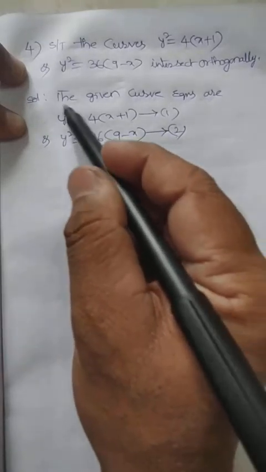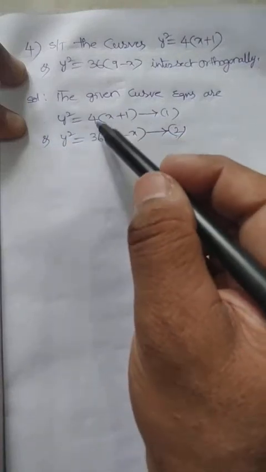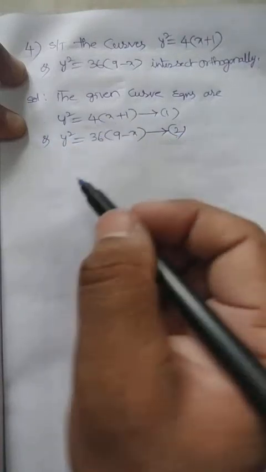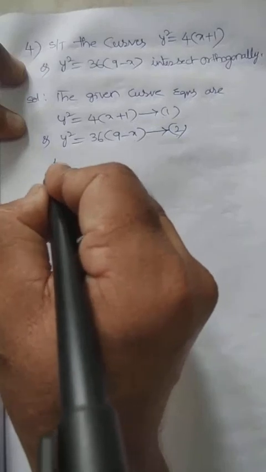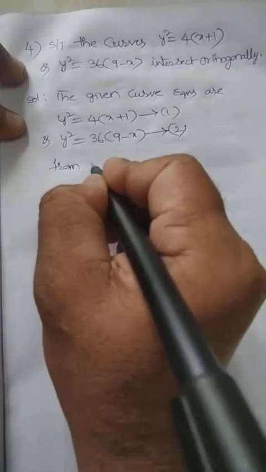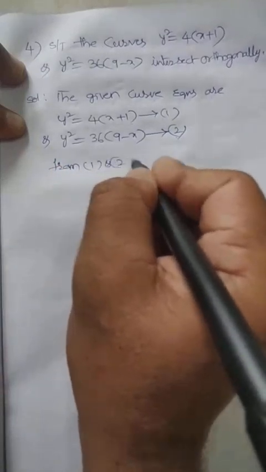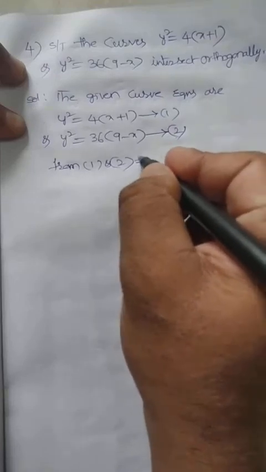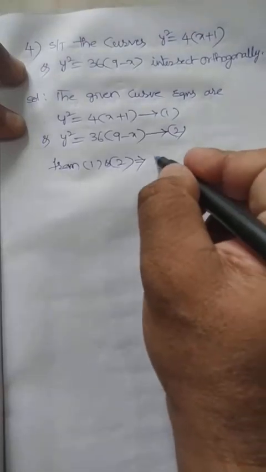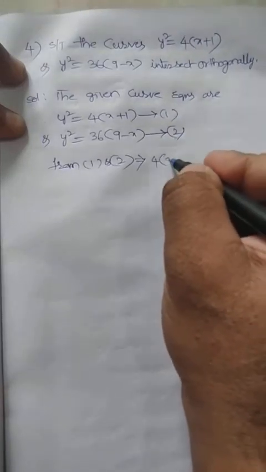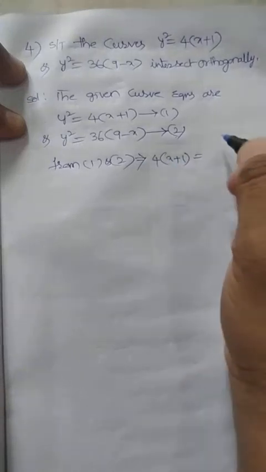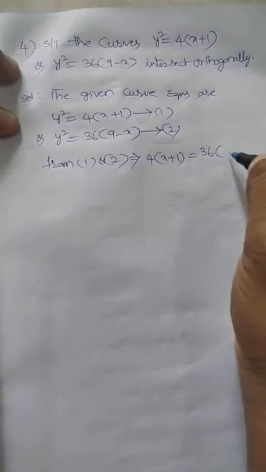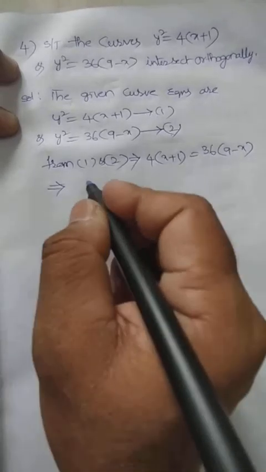Whenever these two LHS parts are equal, we can equate the RHS parts also. From 1 and 2, 4 into x plus 1 is equal to 36 into 9 minus x.